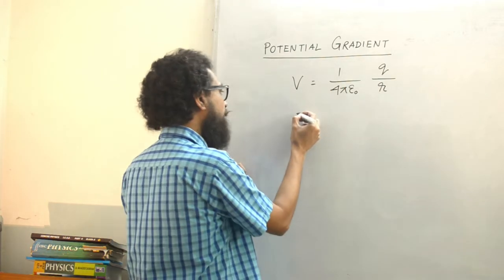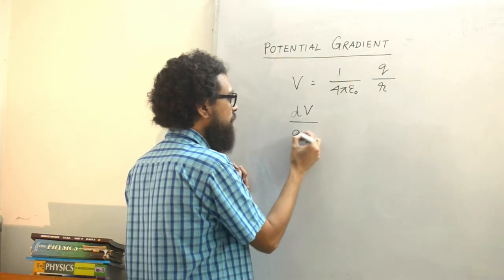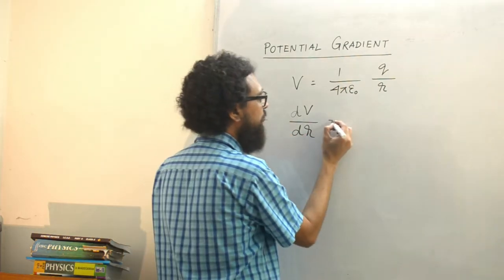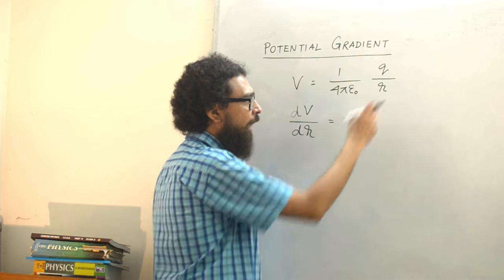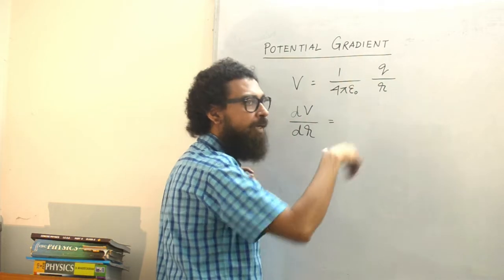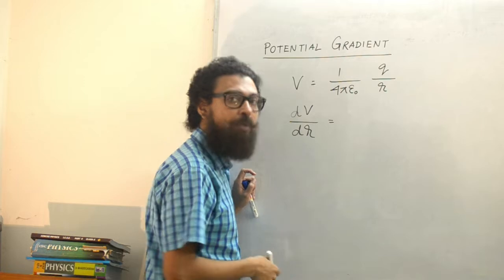So the potential gradient is dV/dr. Q by 4 pi epsilon naught is a constant, so I'll separate it. For 1 by r, the differentiation is minus 1 by r square.